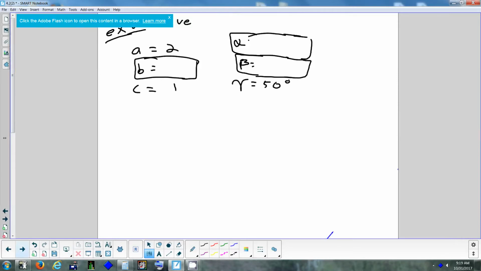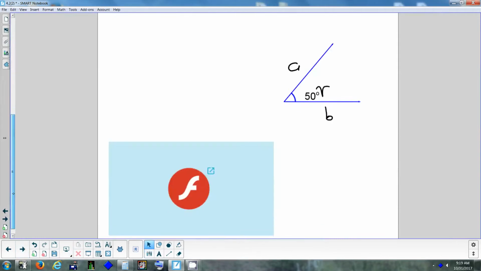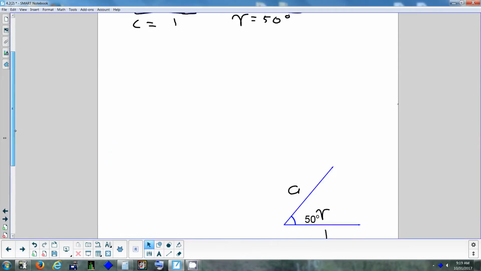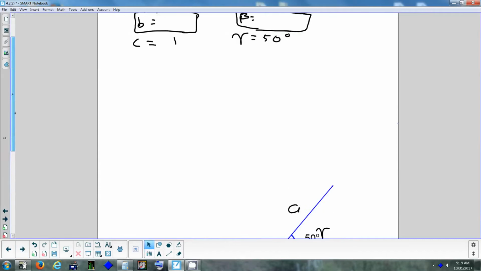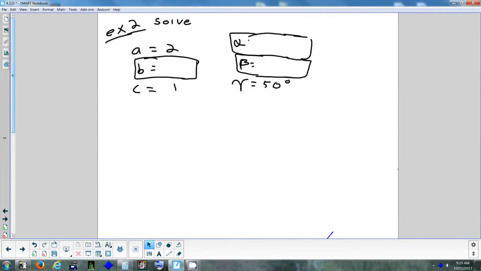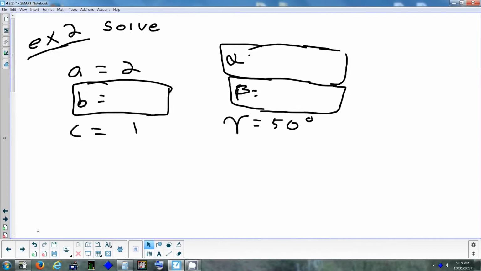Okay, let's look at this one. So I know it's a law of sines problem. I got a row with everything in it. I also have a row with nothing in it. Okay, that means it's side-side angle.